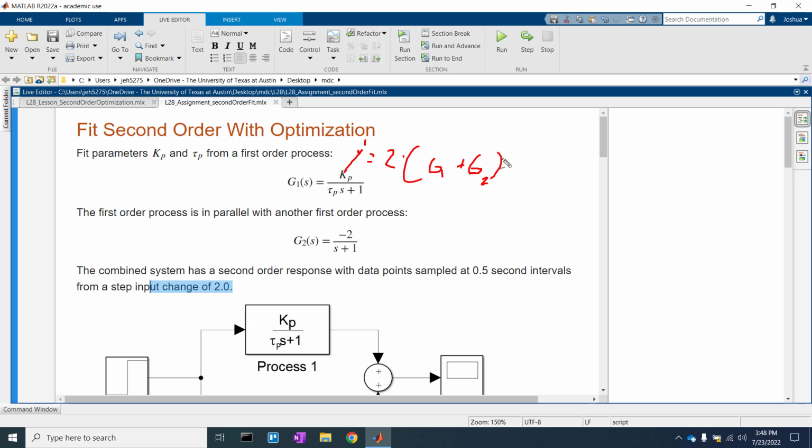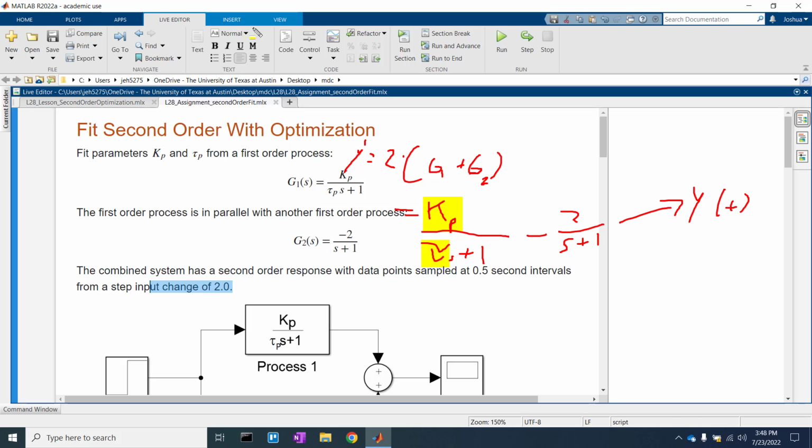And that g should be equal to kp over tau s plus 1 minus 2 over s plus 1. Then we'll convert that to the time domain, so that's a y of t instead of a capital Y. Now you'll notice here, the only two things we don't know are this kp and this tau.